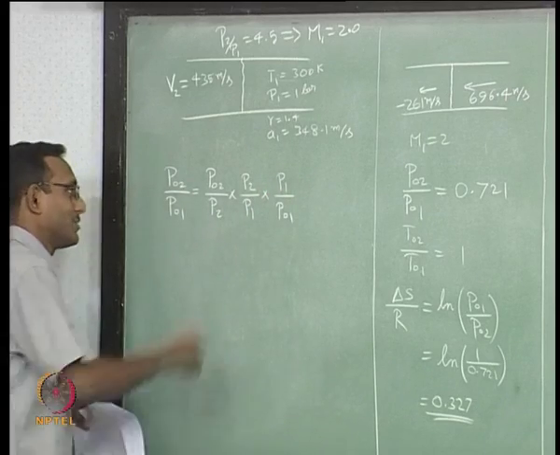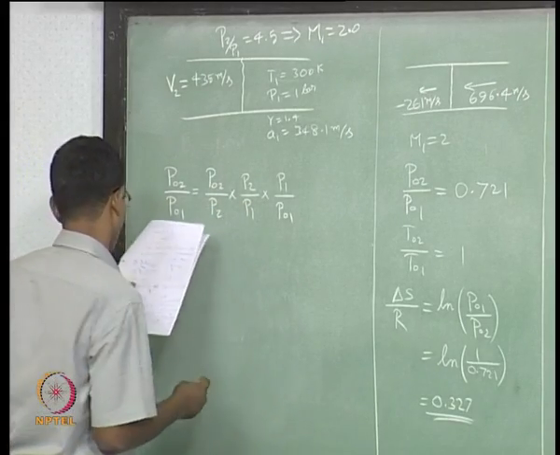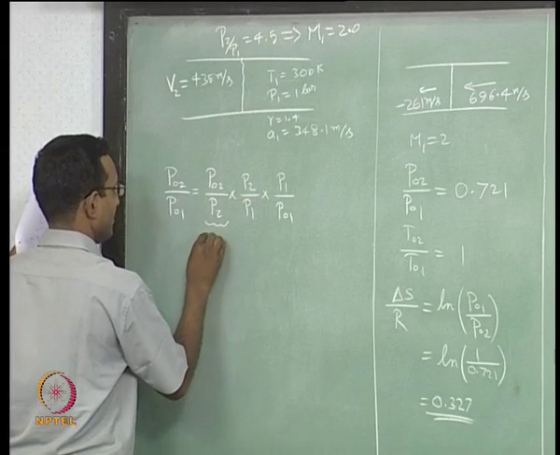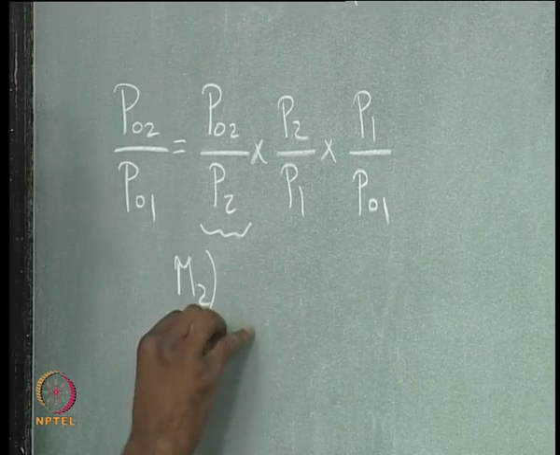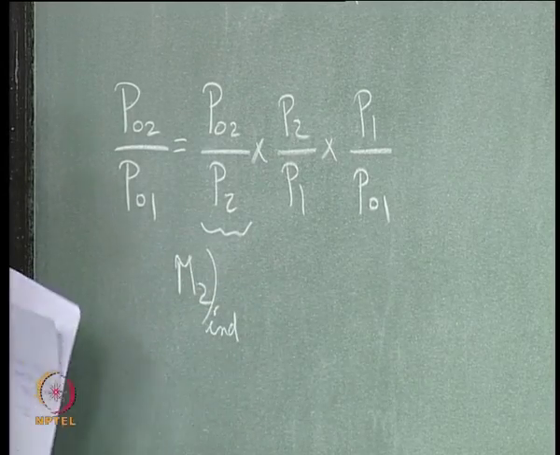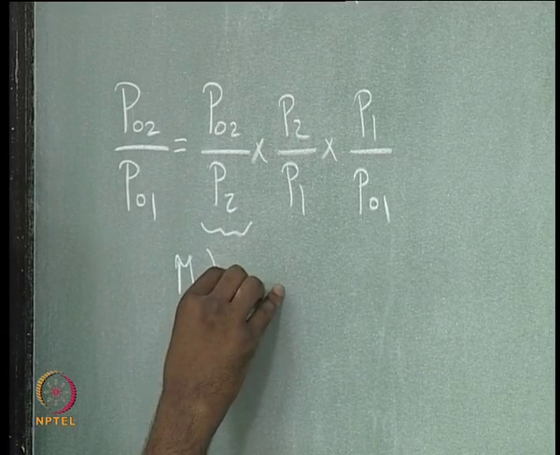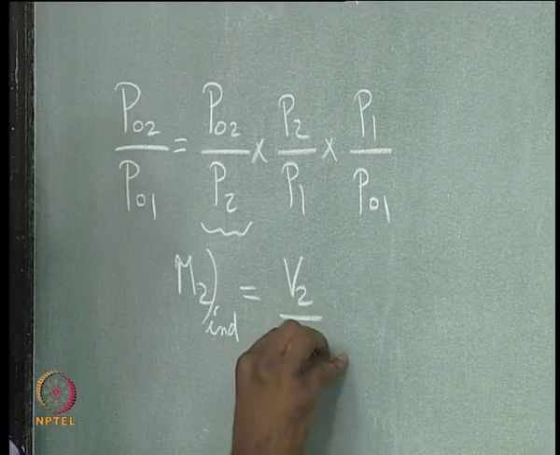I will do it this way because these are the numbers that I can get from my tables. This is coming from M2, my induced Mach number for the flow behind the shock in the moving shock. This is equal to V2 by A2.